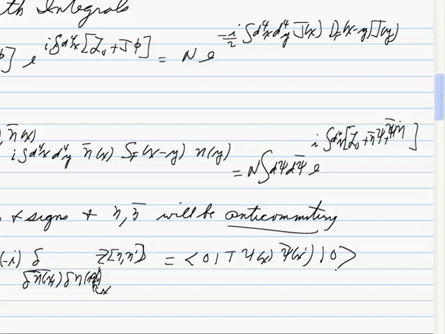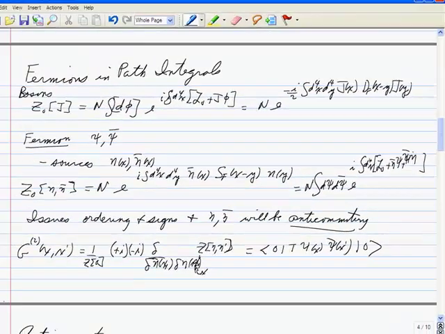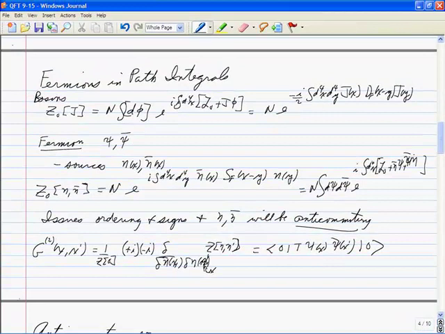So that's that from the differentiation of this form. And if I differentiate this form, it's supposed to come out to be i S_F of x minus x prime, but it looks like I'm missing a sign.